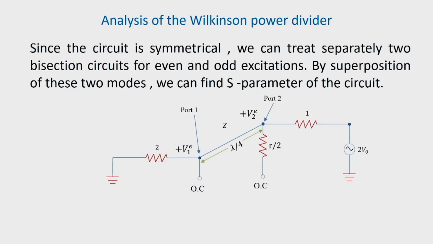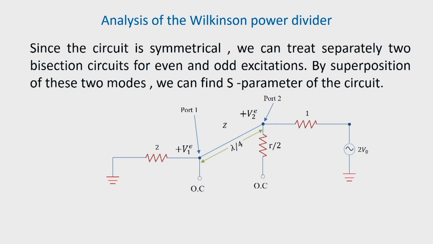Since the circuit is symmetrical, we can treat separately two bisection circuits for even and odd mode excitation. By superposition of these two modes, we can find the S parameters of the circuit.